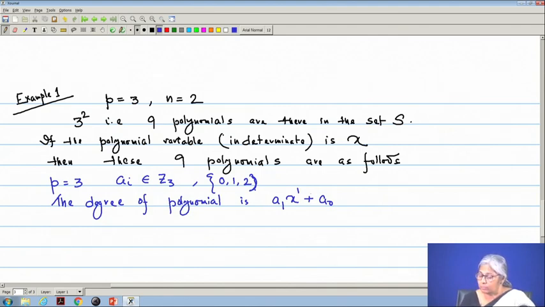And this a0, a1 can take value from 0, 1, 2.